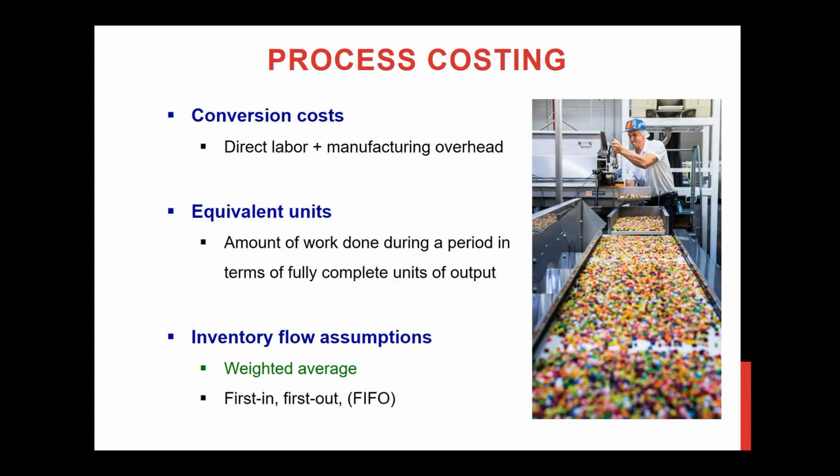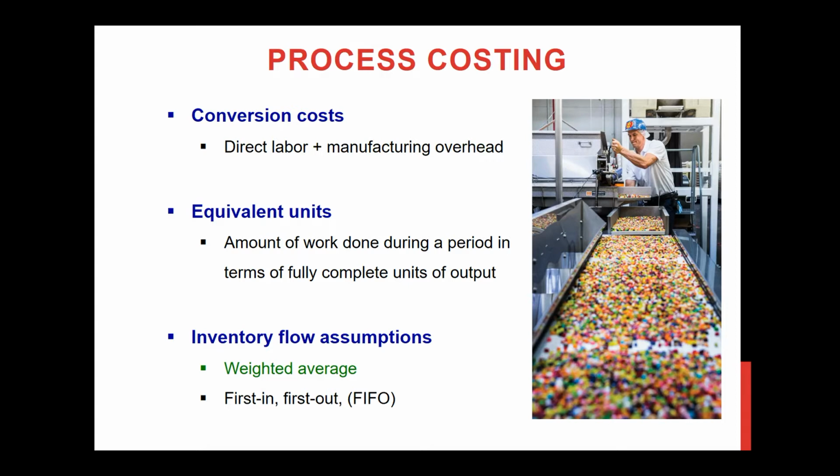That means we added our direct material, and we also spent our direct labor cost, and some part of our manufacturing overhead costs are also incurred, but the product is not completely done yet. So this type of inventory we call work in process inventory.